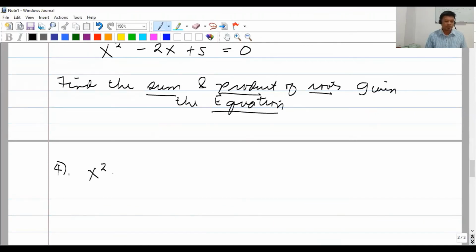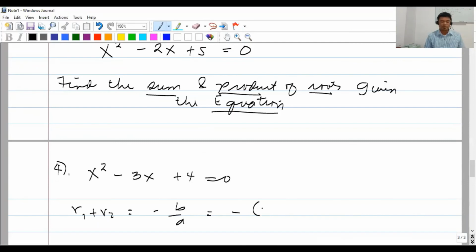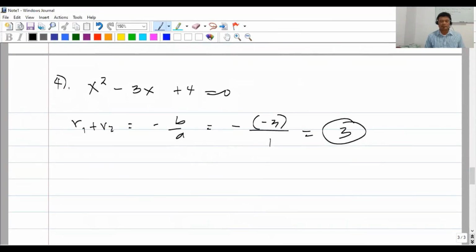The first equation is x squared minus 3x plus 4 equals 0. Using our formula for the sum, R1 plus R2 equals negative b over a. Take note that our b is negative 3, our a is 1, and our c is 4. By substitution, we have negative of negative 3 over 1, which is positive 3.